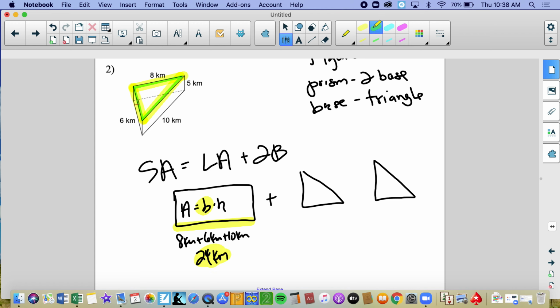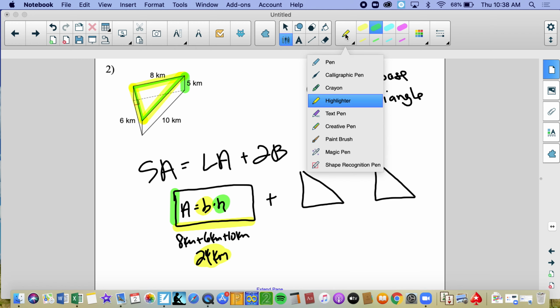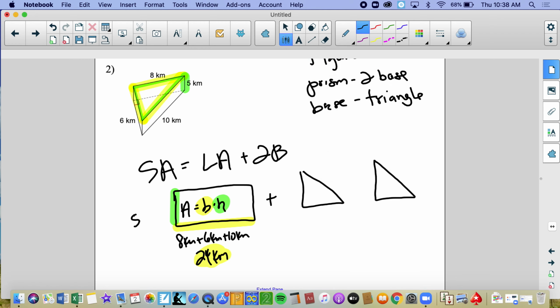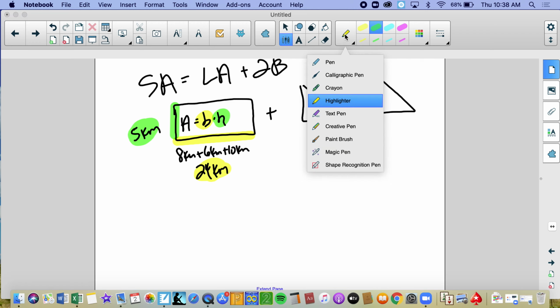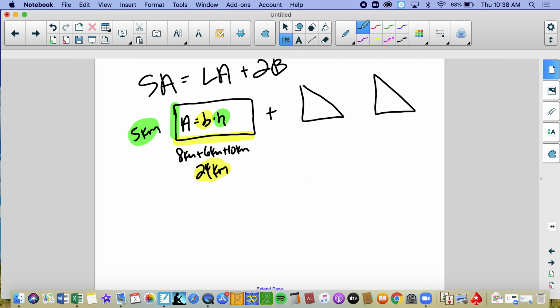Now, what's the height? The height of this is always going to be the distance between those two triangles, which in this case gives me 5 kilometers. So now when I want to find the area of my lateral area rectangle, area equals base times height.